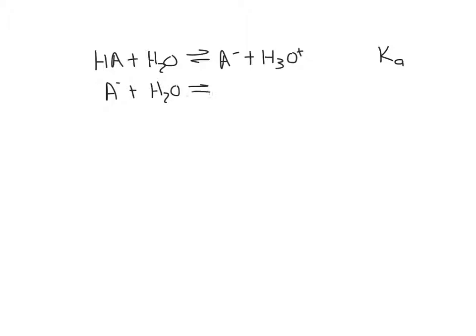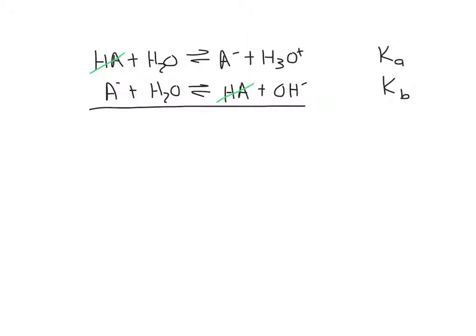If we look at the acid ionization reaction for a particular acid, and we then recognize that the conjugate base of that acid can act as a base, and so we look at the base hydrolysis equation for that conjugate base, we can write a base hydrolysis reaction with a Kb for that conjugate base. Now notice that if we add these two reactions together, the HA is a reactant in one reaction and a product in the other reaction, so those concentrations will divide out.